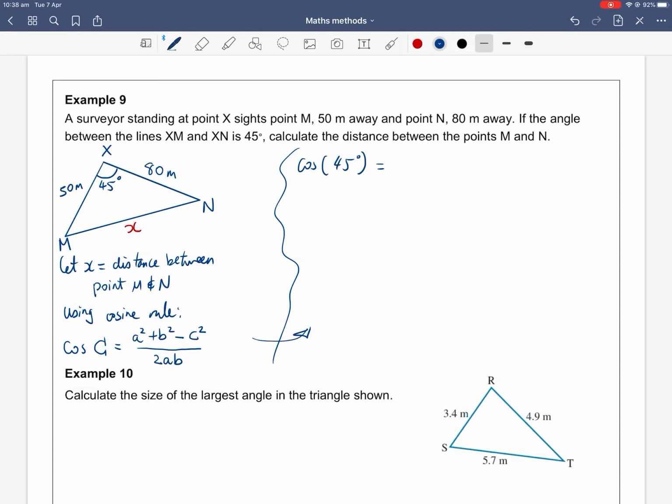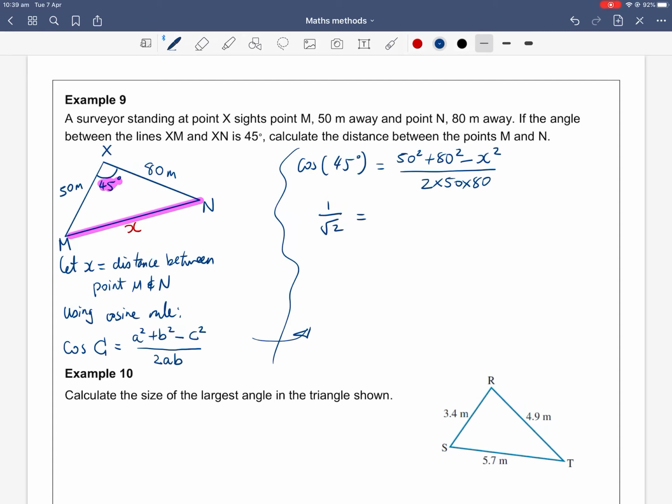So cos of 45 degrees is, well, if this is angle C, then this is side C. So that tells me that sides A and B are the 50 and 80 because they're the other 2 sides. And then I'm taking away my side, which is the x squared, divided by twice the product of the other 2 sides.